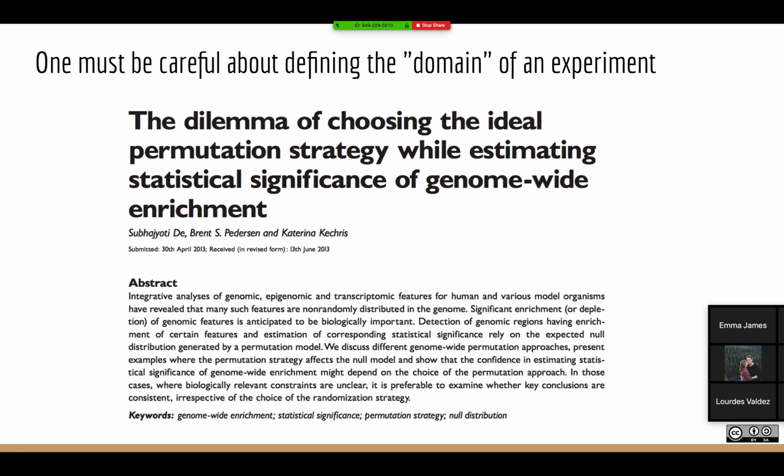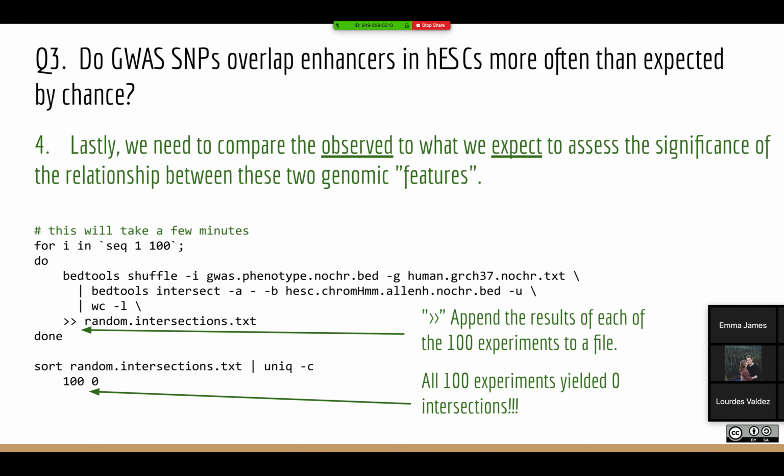The other thing that's often violated is that when I shuffled in this experiment, I'm shuffling to any nucleotide in the entire genome. This genome file lists every chromosome and then the length of every chromosome. But we've learned 100 different ways so far that there's gaps in the genome. There's parts of the genome that are unassembled. There's centromeres. There's telomeres.